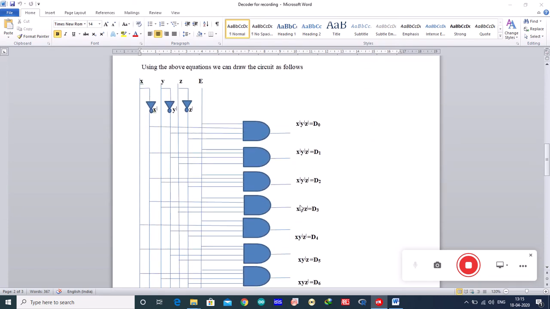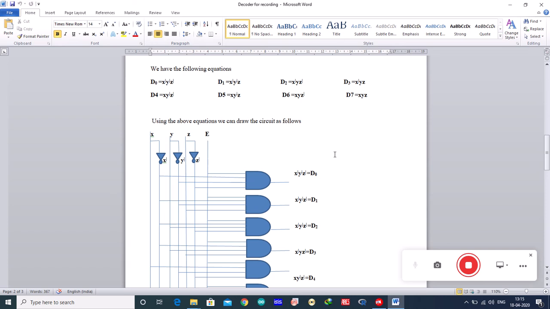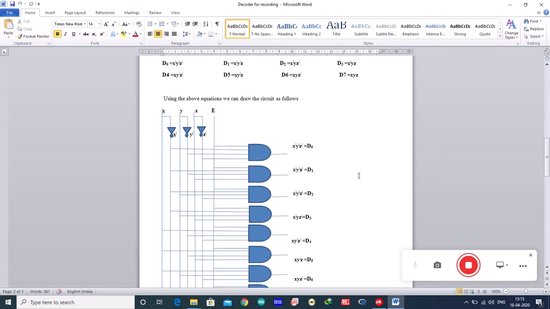So based on the equations you have, you will try to construct the circuit. Let us see this. You have all the equations with you, and considering all of them, let me try to draw the circuit. First here I am taking x, y, z and another input, enable. You know D0 equals x bar, y bar, z bar.